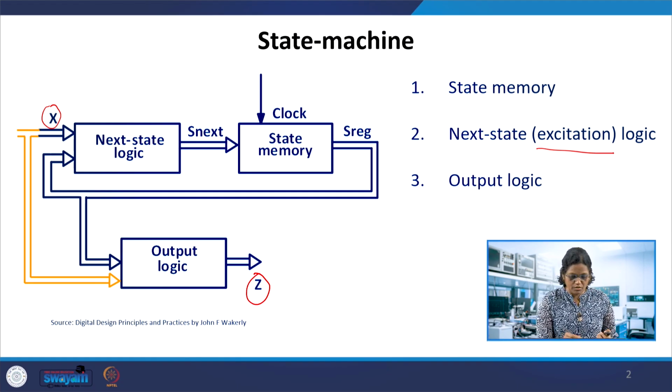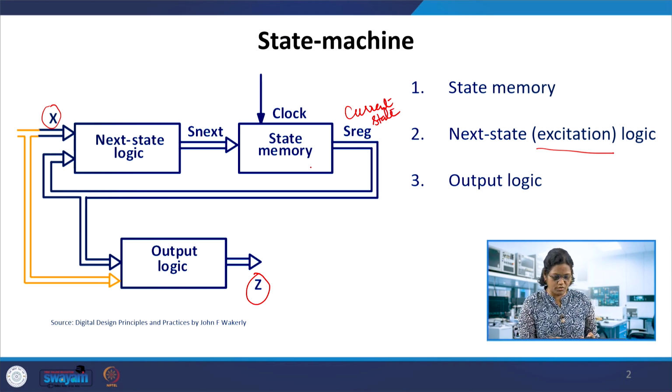This is usually called the excitation signal, S next, and this is the current state of the state machine. The number of states depends on the number of flip-flops you use. If you are using 2 flip-flops, the states would be restricted to 4. With 3 flip-flops, 2 power 3, it can go up to 8 states.